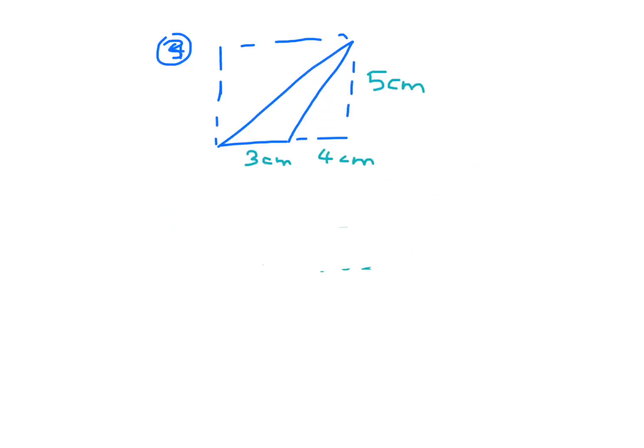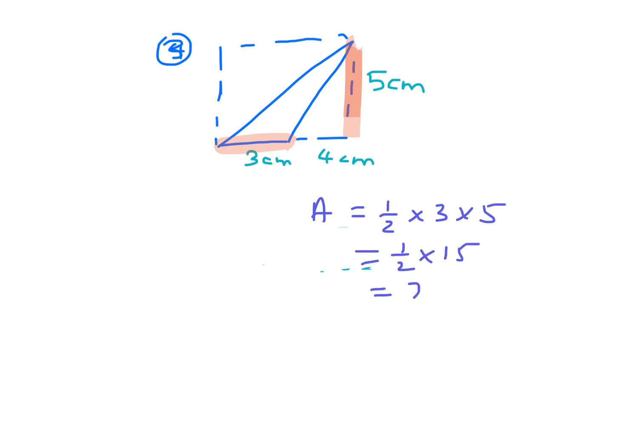Okay, so what I want to just show you for this one here is that the base of this triangle is actually the 3 and the height is the 5. So if we're going to use the formula, the area would actually be a half times 3 times 5. 3 5s are 15, and a half of 15 is 7.5 centimeters squared. Now, I know it seems funny because you've only got part of the base there, but we actually only have part of the triangle.